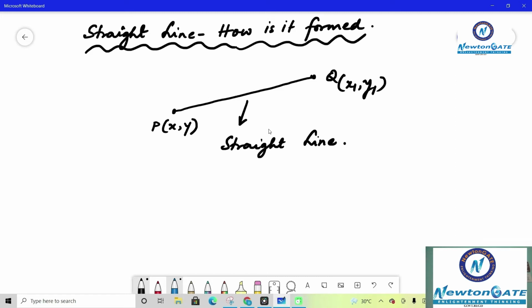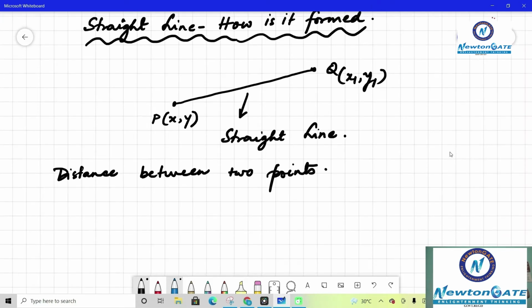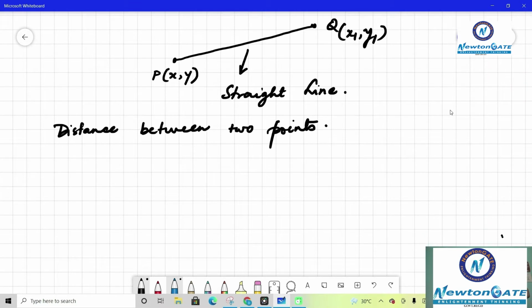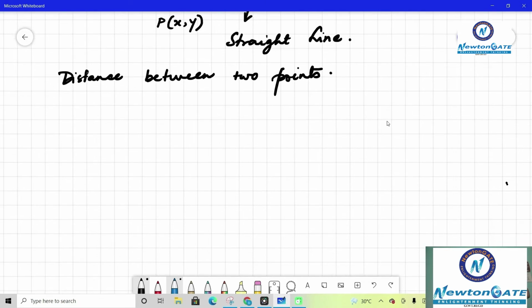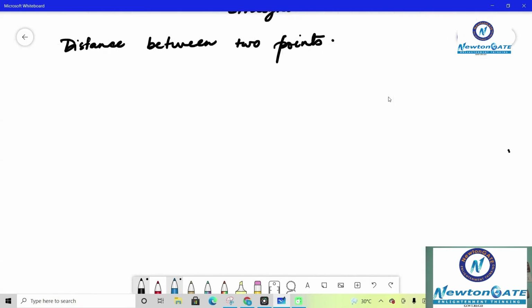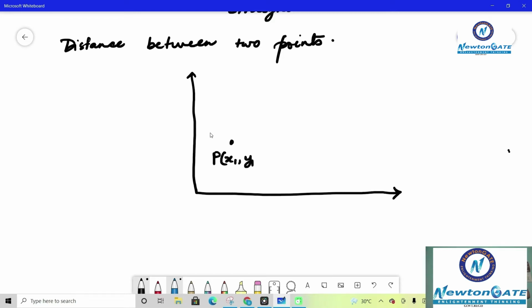Our next topic is how do we find the distance between 2 points of a straight line. For this, let us take a diagram in our coordinate axes, that is both the x and y axis. Let's say we have P(x1, y1) and Q(x2, y2).